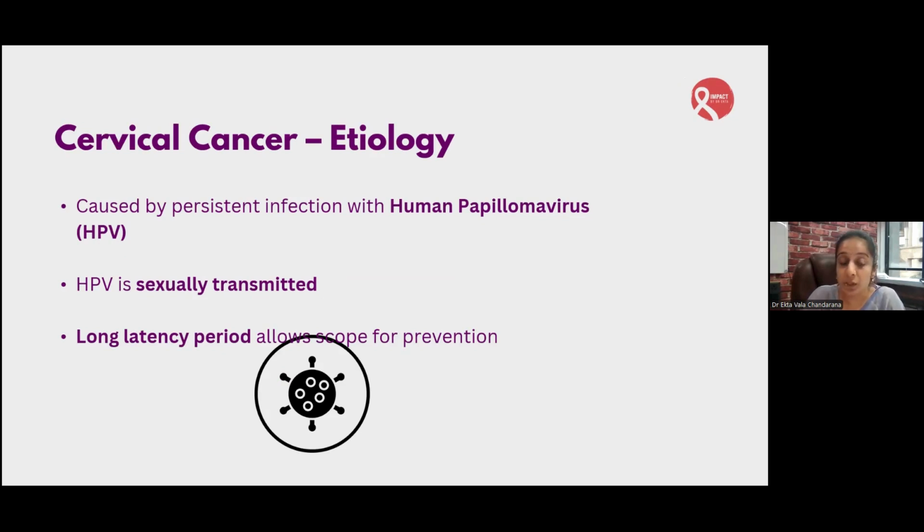So once you get the virus in your body, it takes years to develop pre-cancer lesions, and from that it takes years to develop cancerous lesions. So we have a long latency period. In that period, we can detect cancer at much earlier stages, and even in pre-cancerous stages we can detect. So at stage 0 we can detect with the help of a screening test.